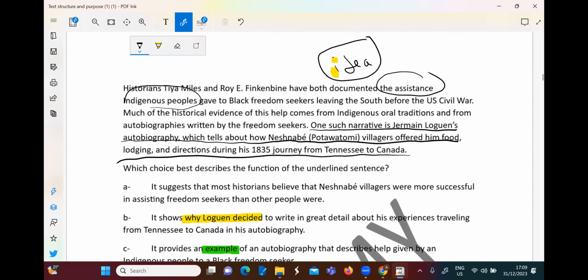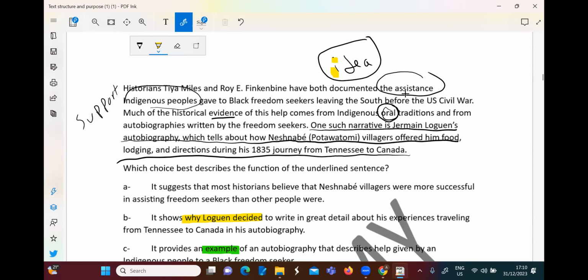Then he started to support the idea by giving evidence. Much of the historical evidence of this help comes from oral traditions and from autobiographies. So the evidence is from oral tradition and from autobiography.